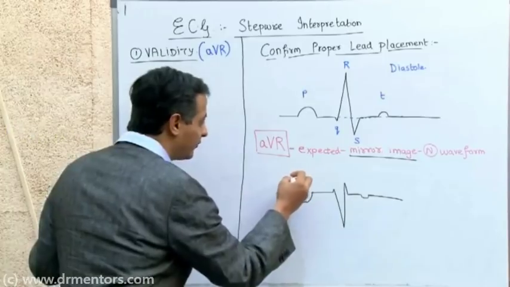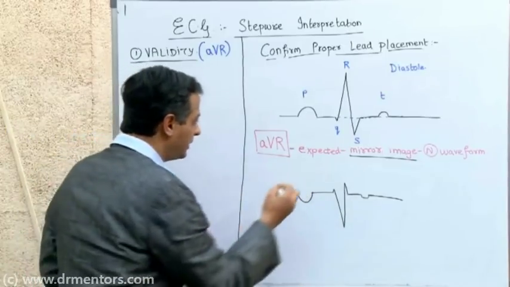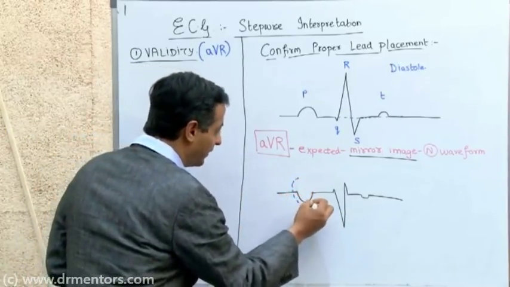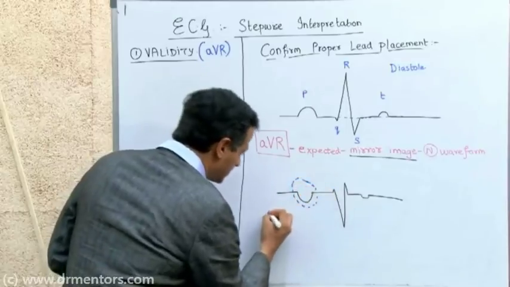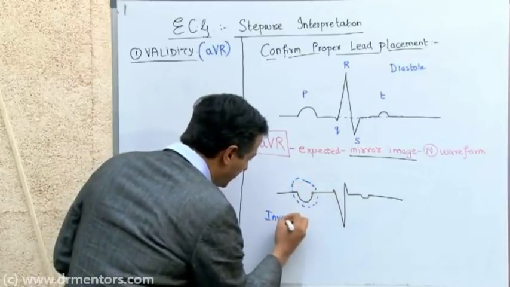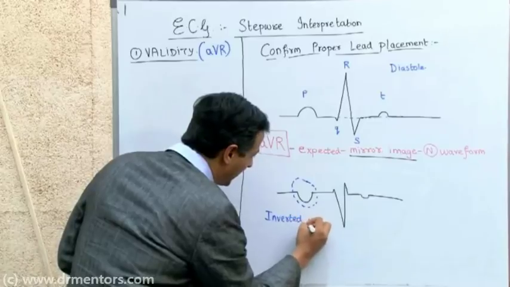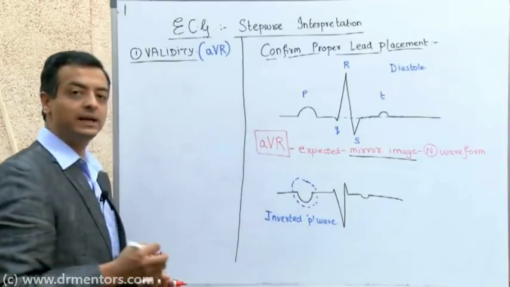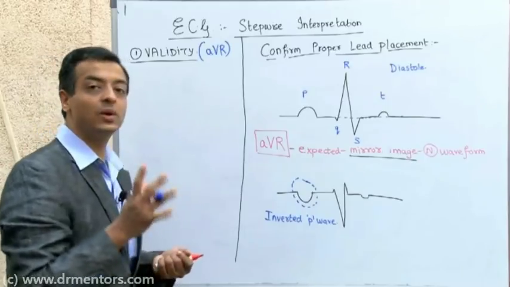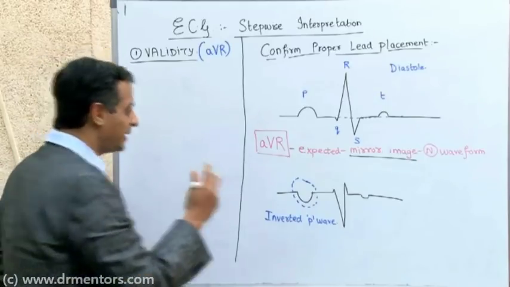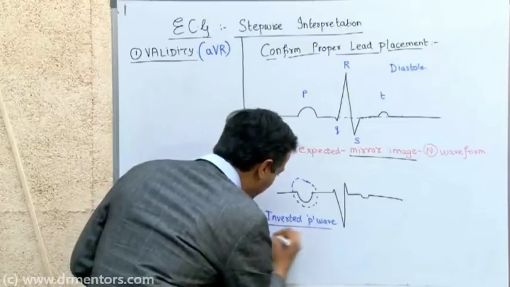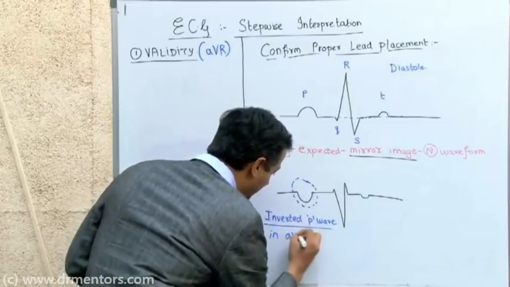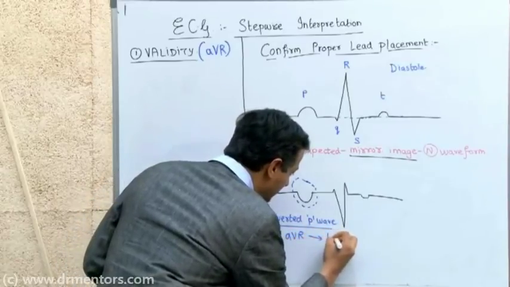So I want you to focus your attention on this inverted P wave. If you get inverted P wave in the lead AVR, what can you confirm? You can say that the lead placement is normal. So inverted P wave in AVR is suggestive that the lead placement is normal.